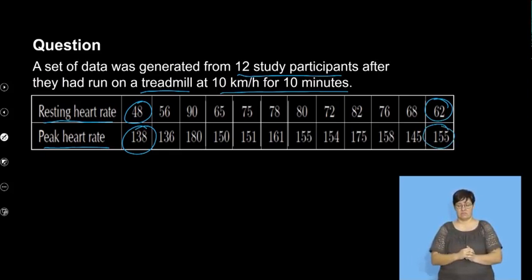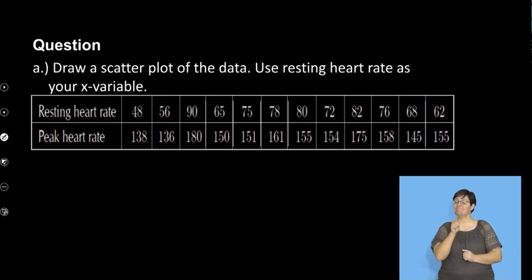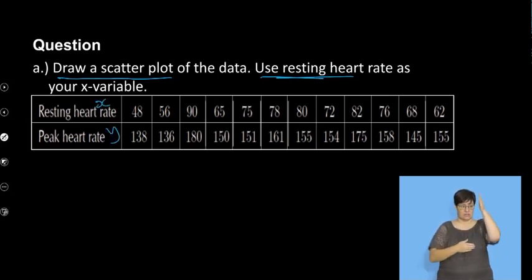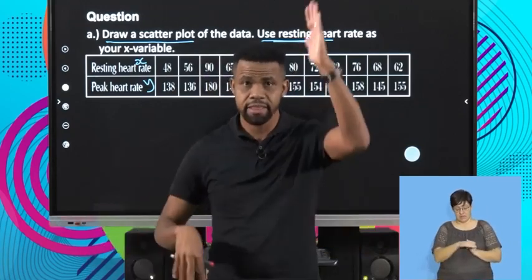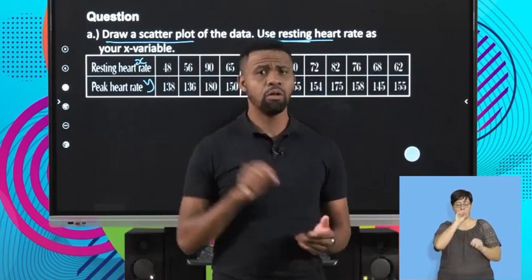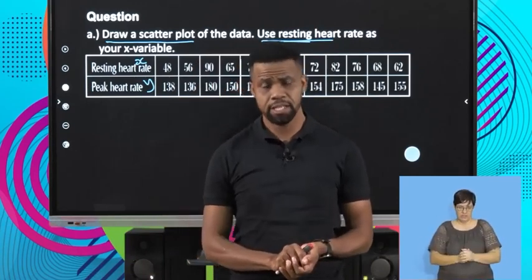So now, let's look at the first question. What do we have to do here? Given the same data, we have to draw a scatter plot using resting heart rate as the x-axis, and peak heart rate as the y-axis. Remember, our scatter plot is x, then y, and we put all the coordinates.